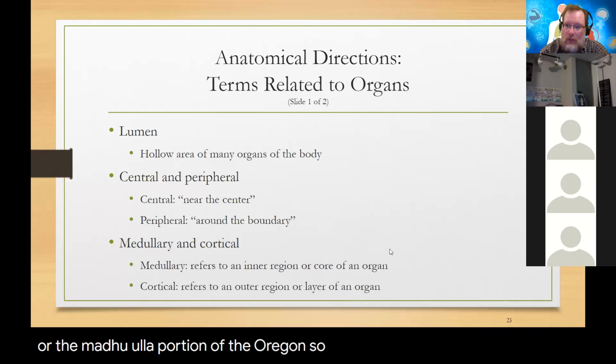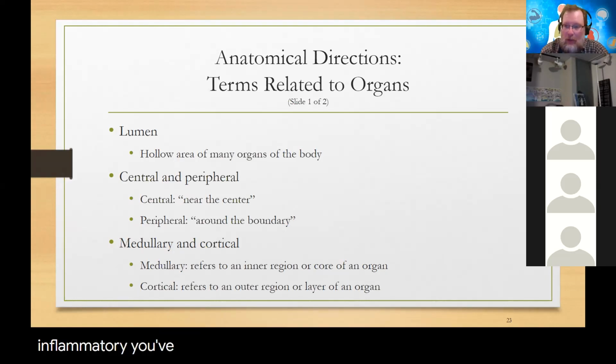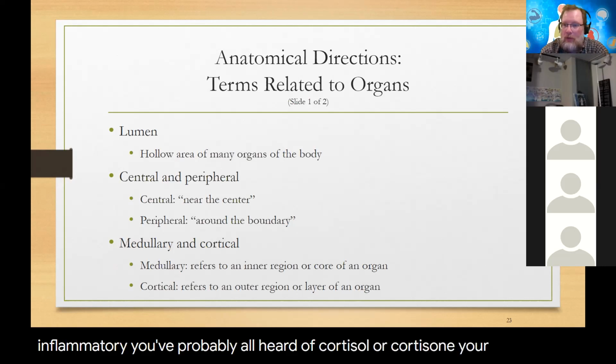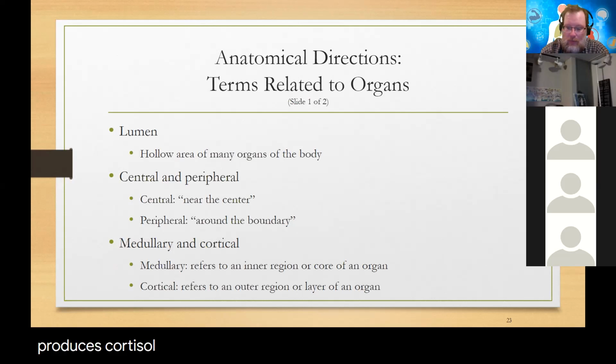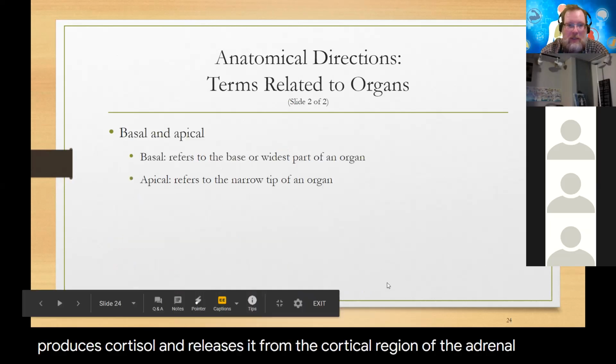So like the adrenal glands, the outer layer is called the cortex. That's where cortisol comes from, which is an anti-inflammatory. You've probably all heard of cortisol or cortisone. Your body produces cortisol and releases it from the cortical region of the adrenal glands.